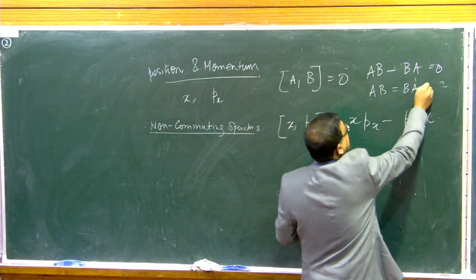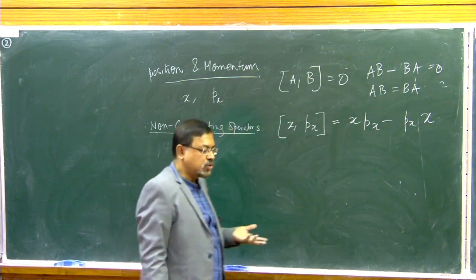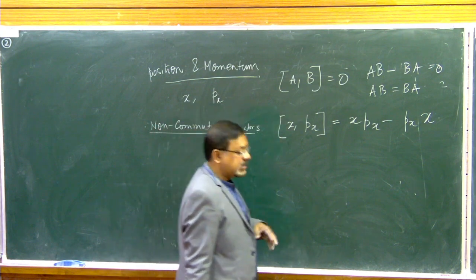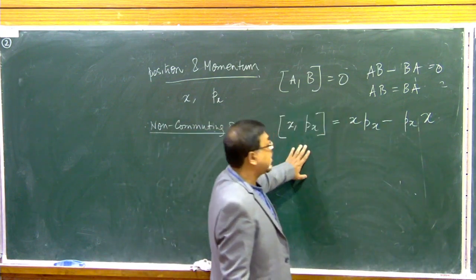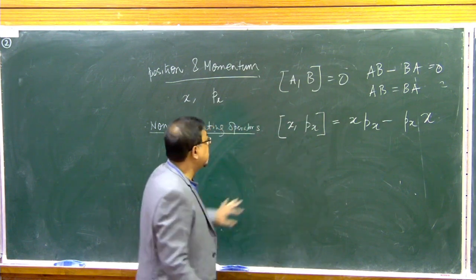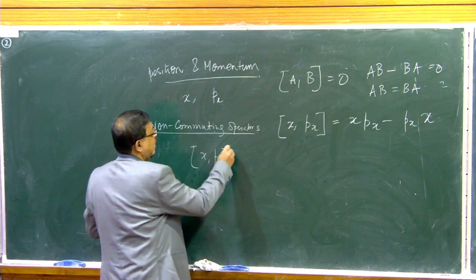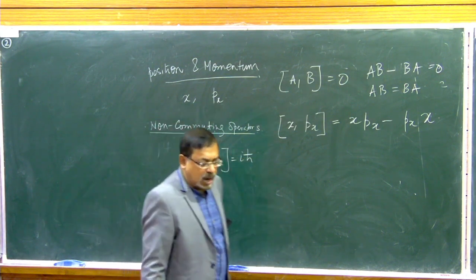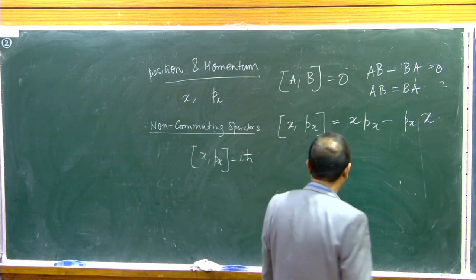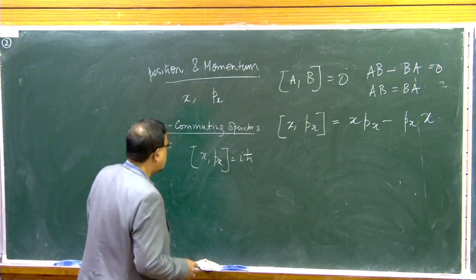But here they are operators, and they may not commute. In most of the cases they don't, at least the operators that we'll see. But here they don't commute. The commutation relation gives you a value which is i h cross. Okay, we can prove that very easily.